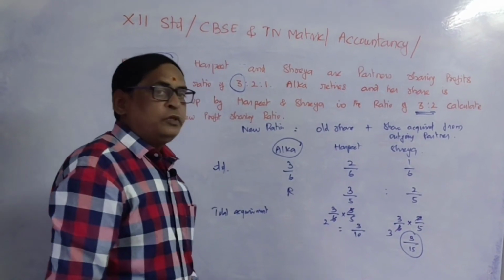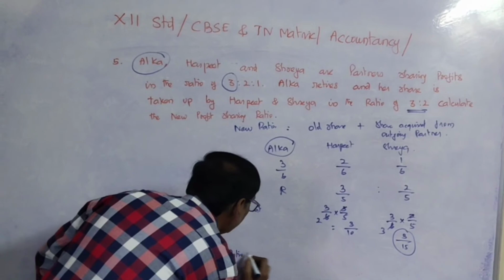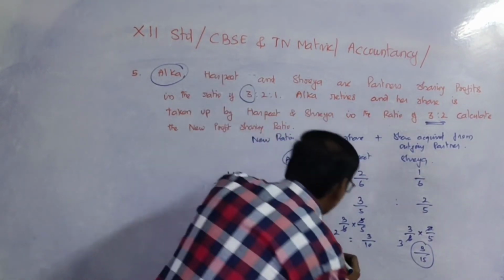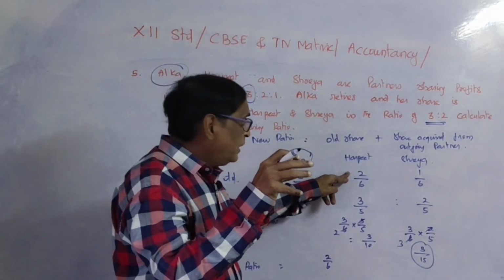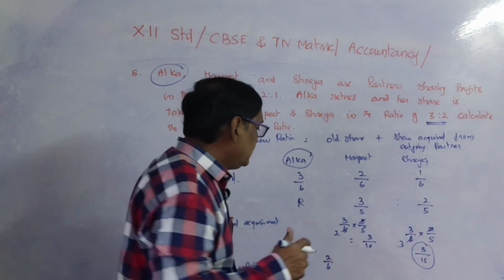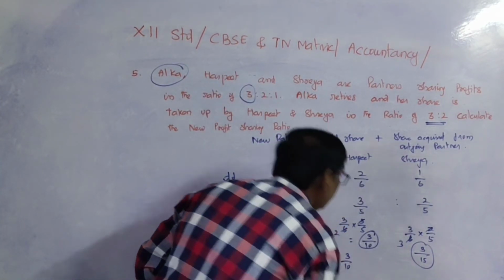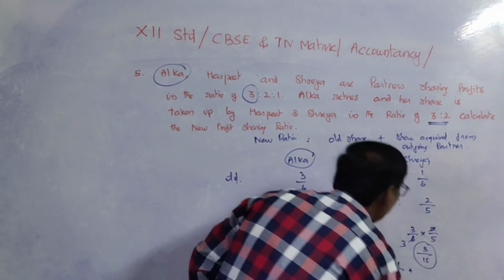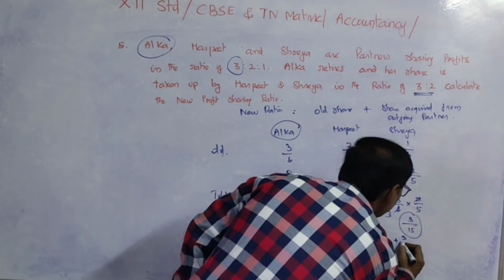Understand? So the new ratio will be old share plus share taken from the outgoing partner. Old share for Harpreet is 2/6, plus this portion 3/10. Here also the old share for Shreya is 1/6, plus the portion taken from Alka, that is 3/15.